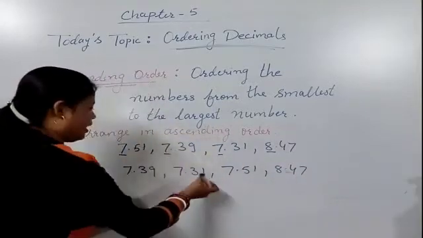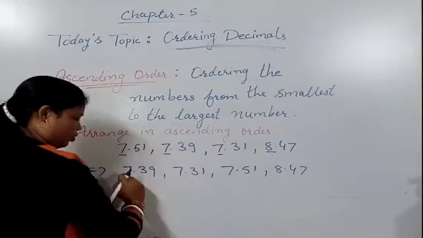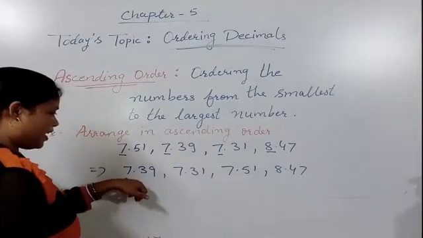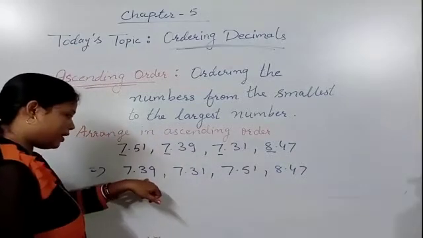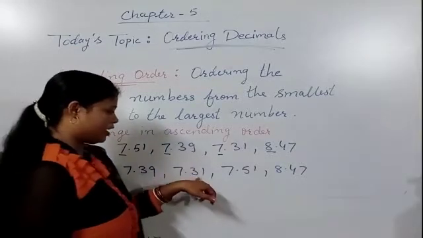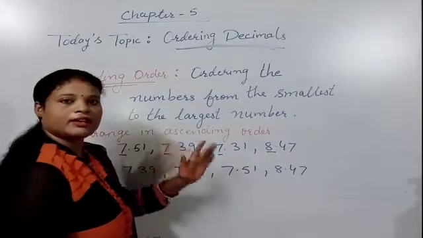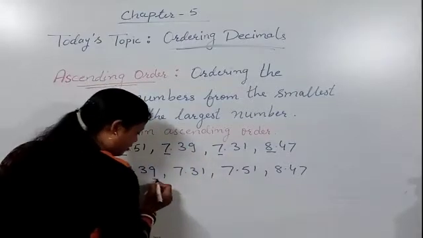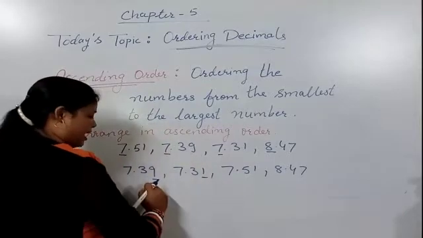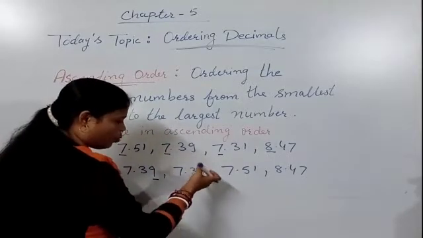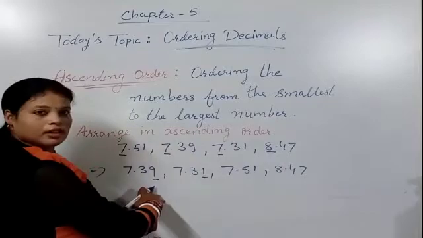Now we'll compare these two. Left side of the decimal, here also 7, here also 7. 10th place, here also 3, here also 3. Now we'll compare the 100th place. Here 9 and here 1. 9 is greater than 1, so 1 is smaller than 9.